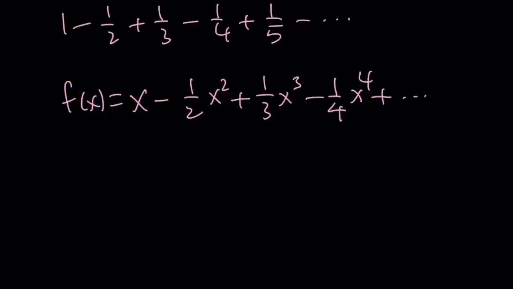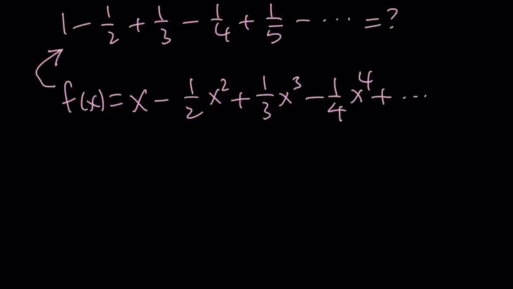Notice that using this function will be helpful in evaluating the sum, because if I can find the value of f of x, then I can just plug in x equals 1, because the sum that I'm trying to evaluate is equivalent to f of 1 if this function is well defined.